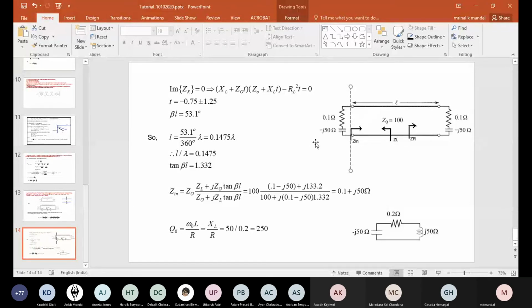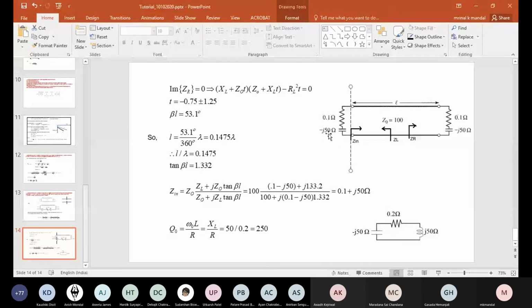So on the left side we have a capacitor and a resistor. Then on the right side, let us find out what is Z in. Putting the values, we have Z in equal to 0.1 plus J50. From the reference plane, if I look into the right side, it is coming 0.1 plus J50. Then what is the equivalent circuit?